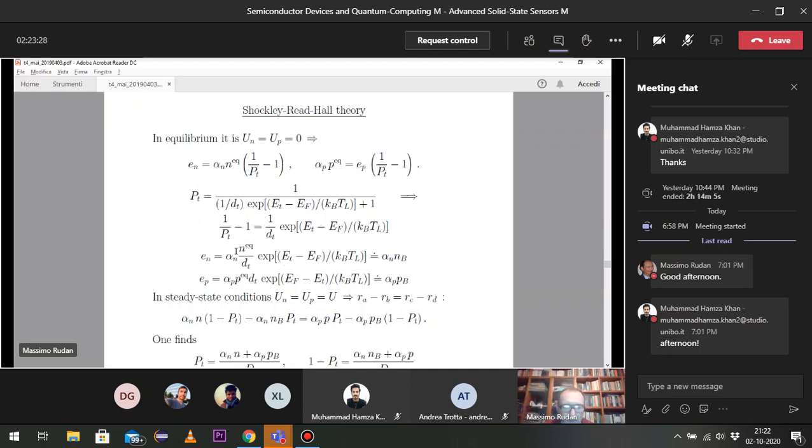So n equilibrium divided by a number times another number is still a concentration. We call it NB. So NB is n equilibrium over dt times the exponential. It is something that we know.